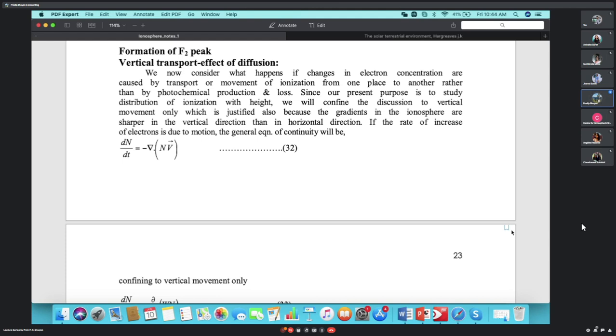So over any place on Earth, you will get a large vertical gradient compared to the horizontal gradient. Within the ionosphere, we can consider the ionosphere to be horizontally stratified, that means horizontally more or less similar, an equitable distribution. But vertically it is not, because of gravity and other factors.